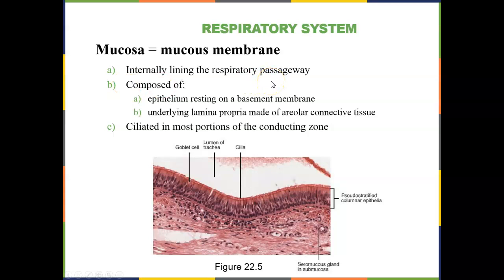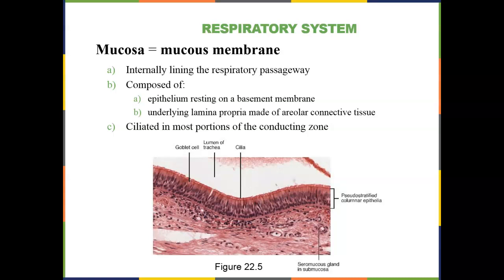The respiratory system has a mucous membrane associated with it, so anything open to the external environment has to have a mucous membrane to protect it. We have different types of tissue associated with the respiratory system, but the majority of it, specifically the conducting zone, is going to be pseudostratified columnar epithelium. But as we get closer and closer to the alveoli, the tissue gets smaller and smaller.